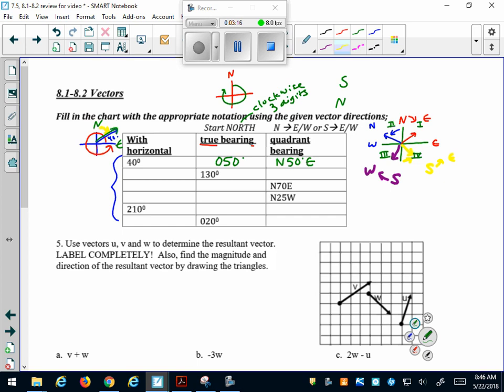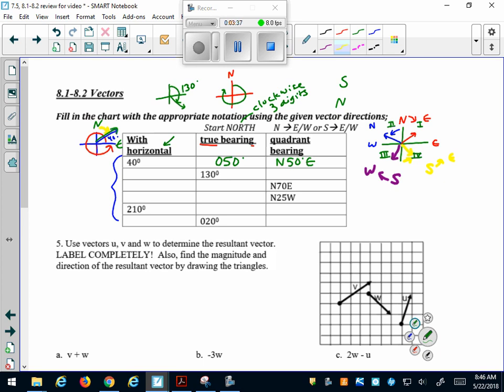Okay, so if we do the next one, the true bearing is 130. That means starting north, 90, and then past 90 to 130 degrees. Well, actually, let's do it with the horizontal first.